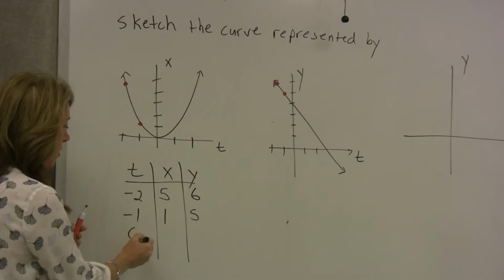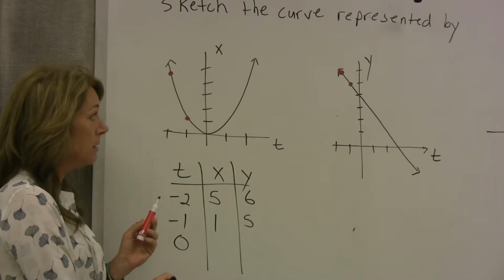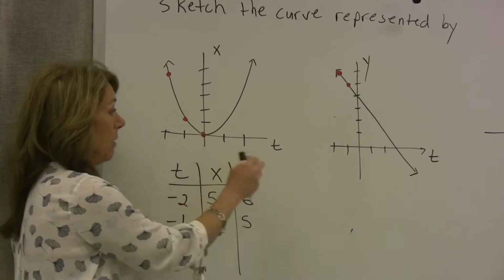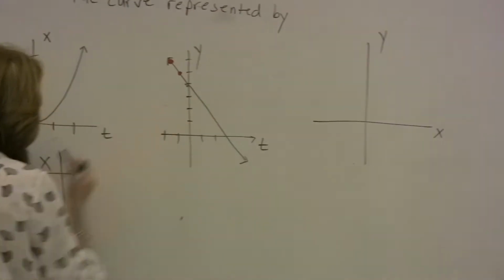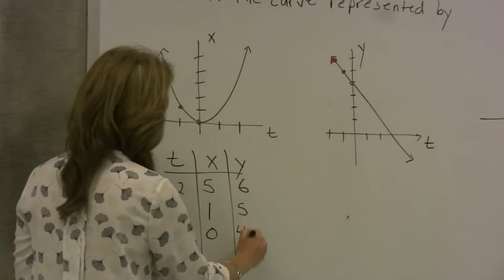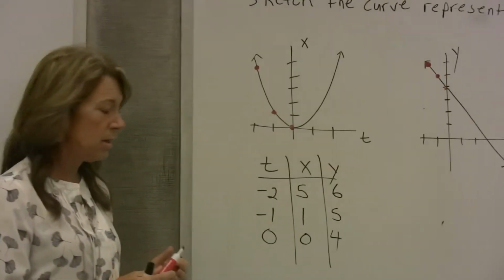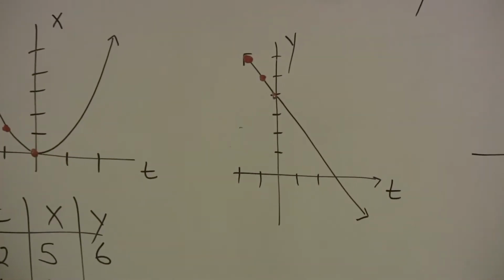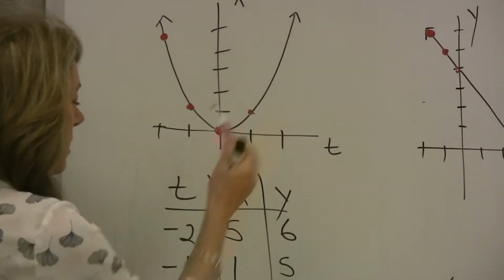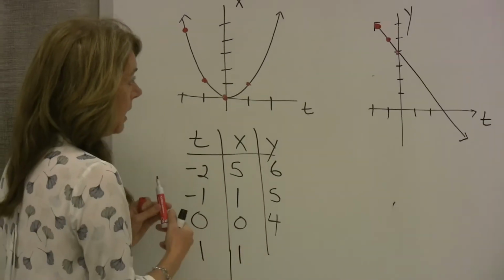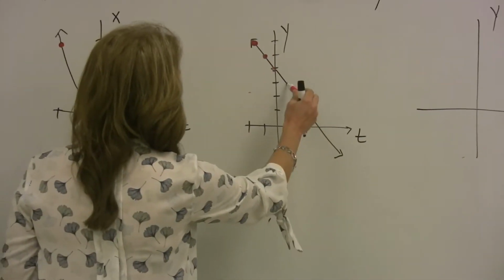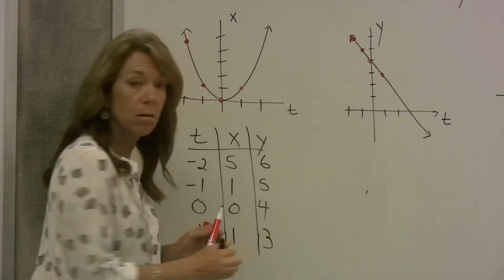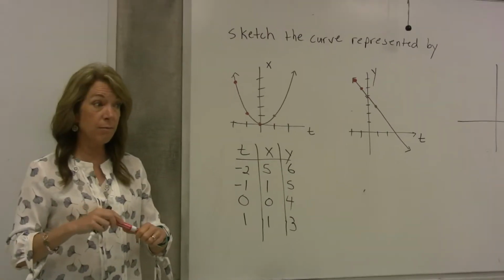When t equals 0, x is 0, and y is 4. Let's do one more. When t equals 1, I get +1 for my x, and I get 3 for my y. So I'm reading them off the graph.